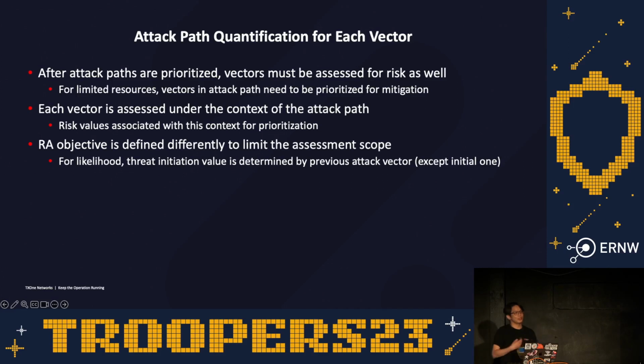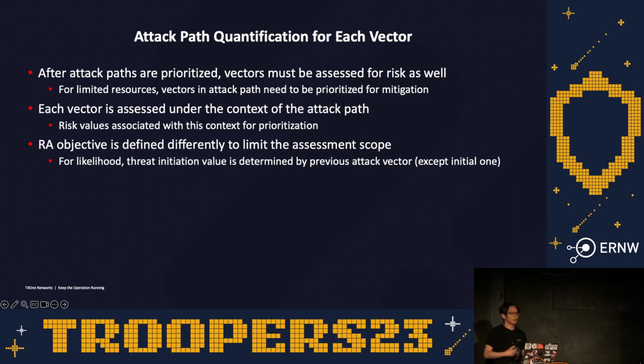The reason is, of course, we want to mitigate all of the vectors in this path. But we all know that can only be done if we have unlimited resources, and as we all know, there are only limited resources for the mitigation. So vectors in the attack path should be prioritized for the mitigation, and therefore we can have an effective defense.